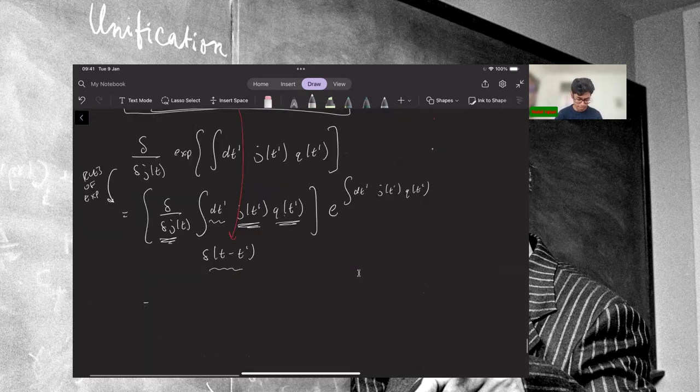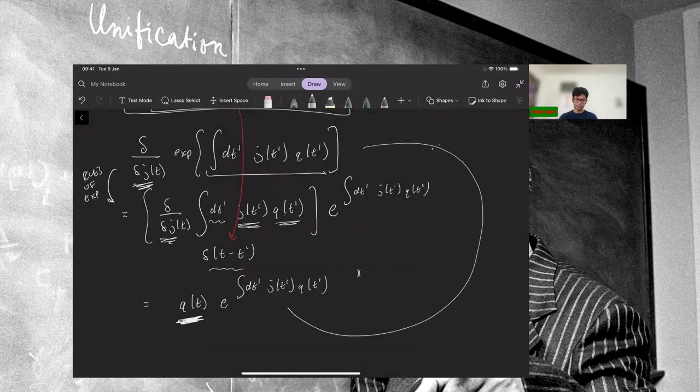So this turns out to be q of t times e to the integral dt prime j of t prime q of t prime. What happened? Taking a derivative with respect to j of t brought down q of t. This result is going to be important in what follows.